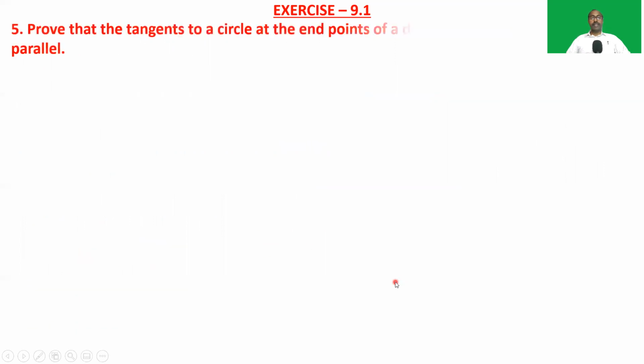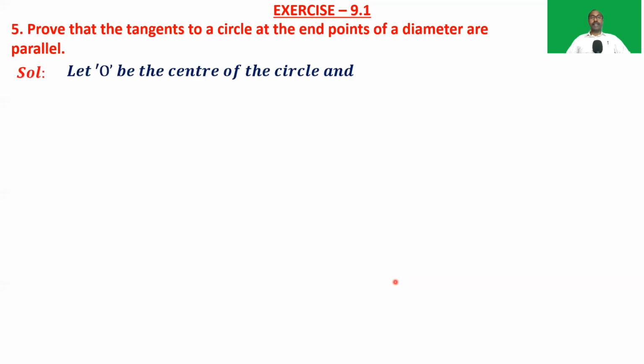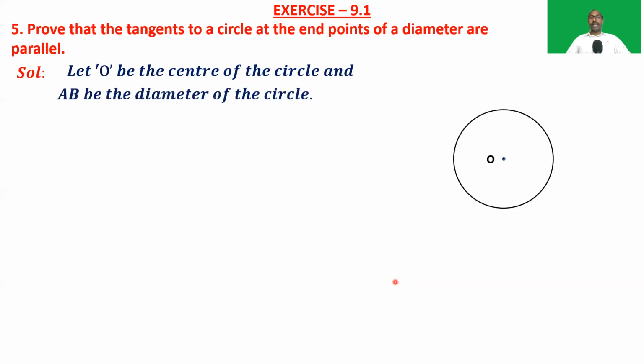Okay students, now let us see the fifth one. Prove that the tangents to a circle at the endpoints of a diameter are parallel. So let O be the center of the circle, like this, and AB be the diameter of the circle. Here it is asking that the tangents to the circle at the endpoints of a diameter, that is tangents at A and B, are parallel to each other.